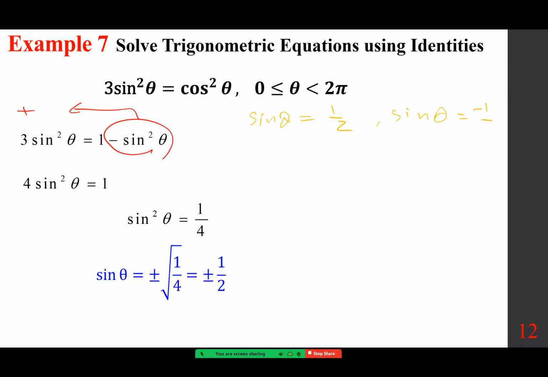Sine theta equals negative 1/2. And this we have done, and we should know the answer is pi over 6. And sine is positive in the second quadrant, right? 5 pi over 6. Make sense, everybody?